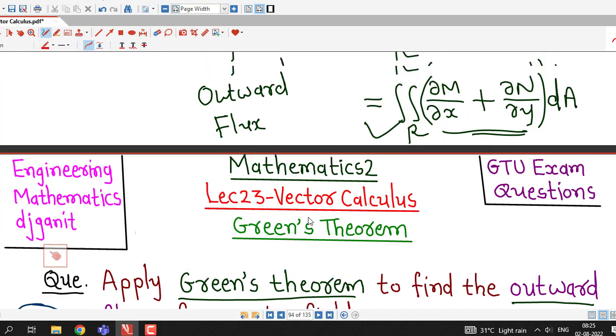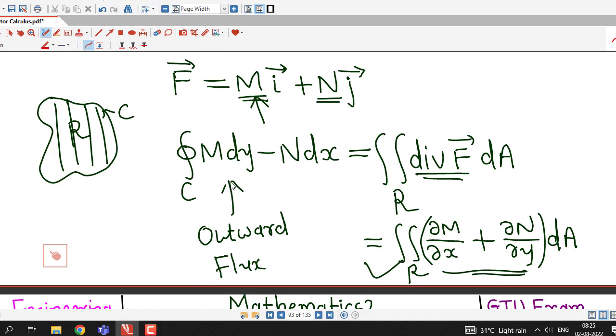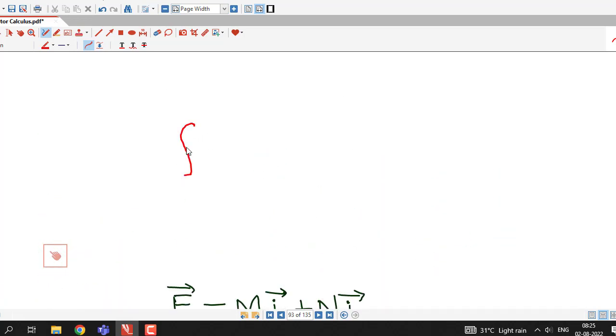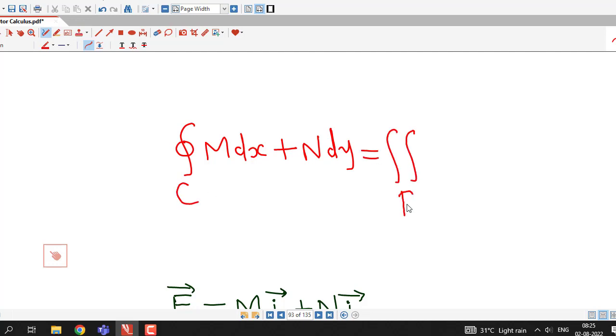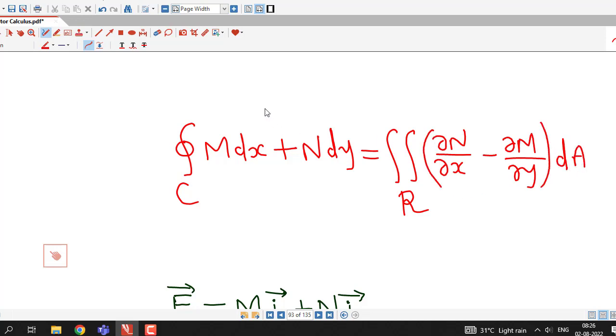Whenever they ask to find the outward flux, we use the normal form of Green's theorem, and whenever they ask to find the circulation of a vector field, we apply the tangential form of Green's theorem: M dx plus N dy along curve C equal to the double integral over R of del N by del x minus del M by del y. This quantity is called the circulation of a vector field.